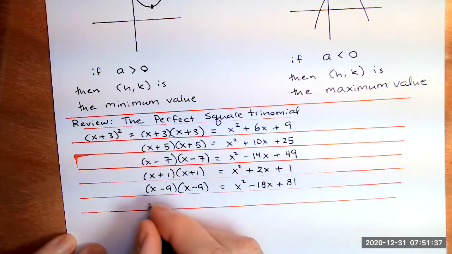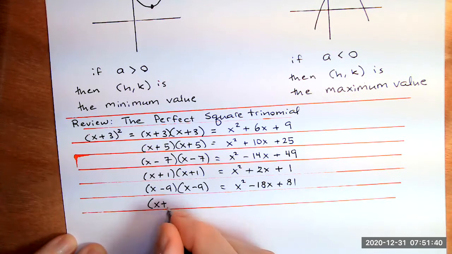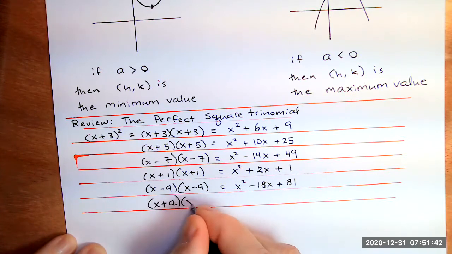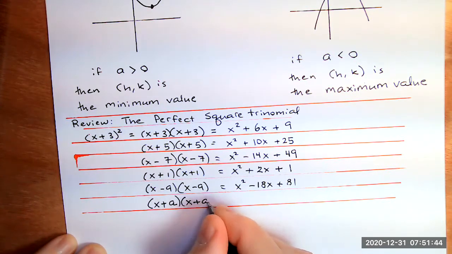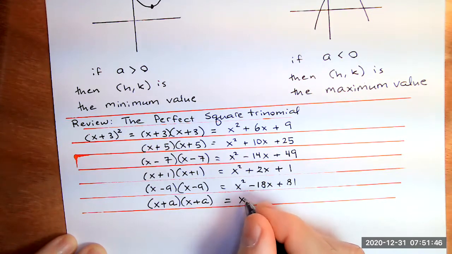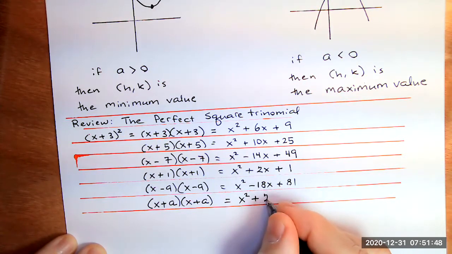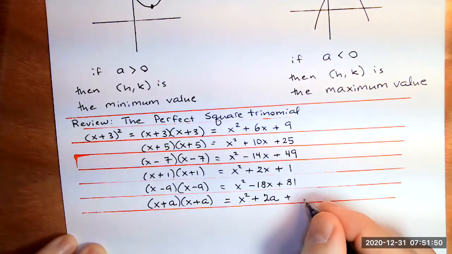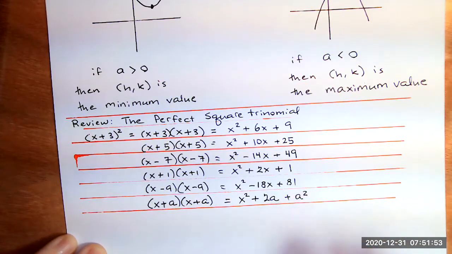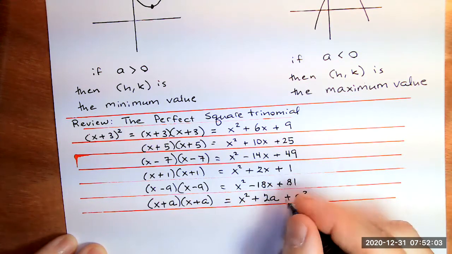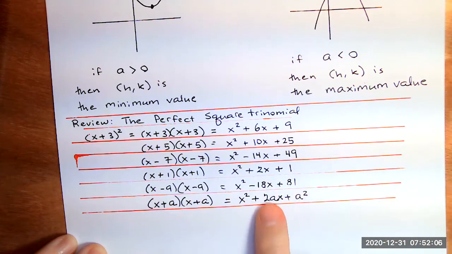So the general form is x plus a times x plus a is x squared plus 2a x plus a squared. And we can use this to complete the square. If we know the first 2 terms, we can find the third because it's half of the middle coefficient, squared.